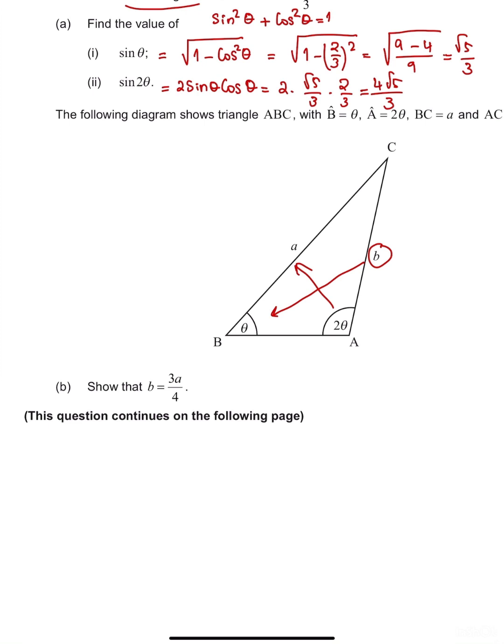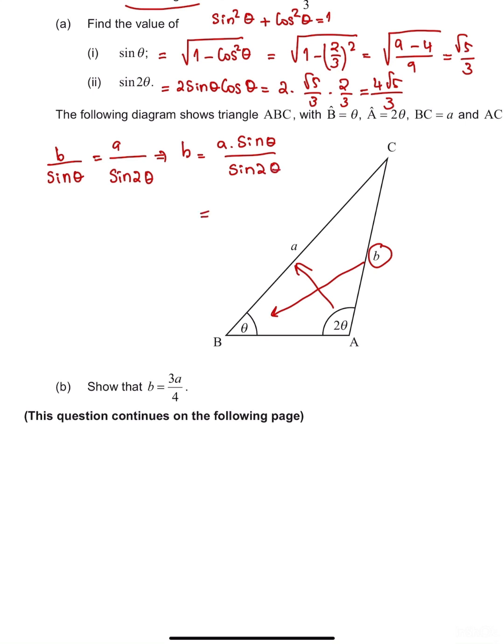Using b with the opposite angle, b over sine theta equals a over sine 2 theta. This is called the sine rule. The sine rule has two forms: one for this, and one for finding the area. So that means b equals a times sine theta over sine 2 theta.